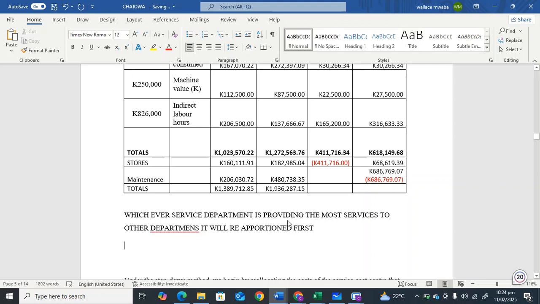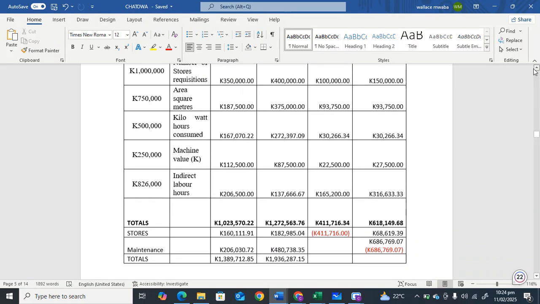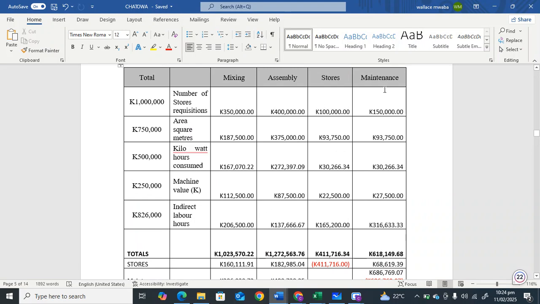The other way you can do it is you can reapportion the overheads for each service department, like here. You reapportion the overhead for stores to maintenance, and also maintenance, you reapportion its overhead to stores. Then you see whichever service department is giving the other one a greater cost will be reapportioned first.